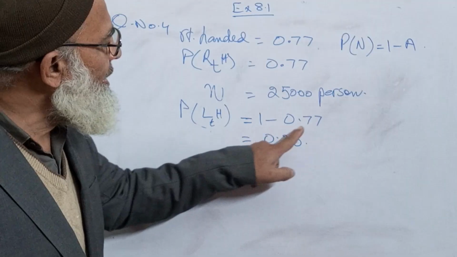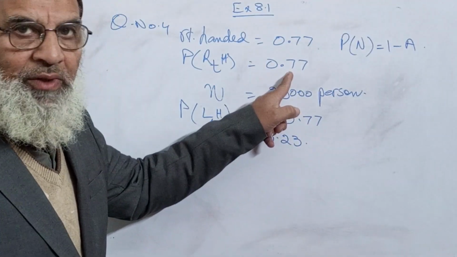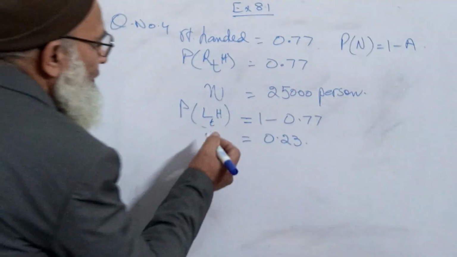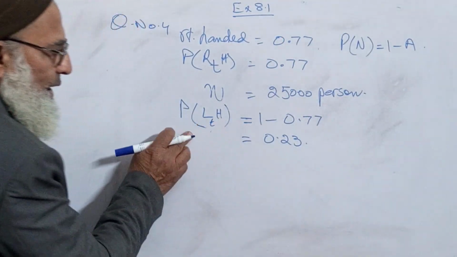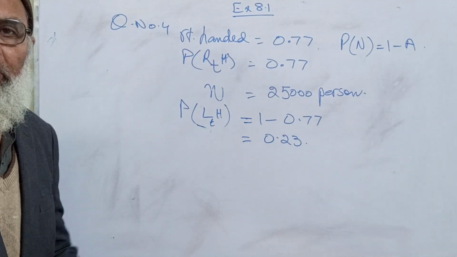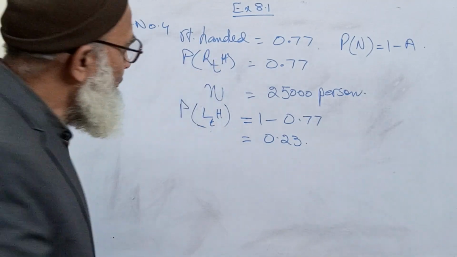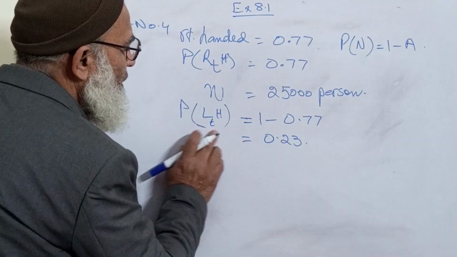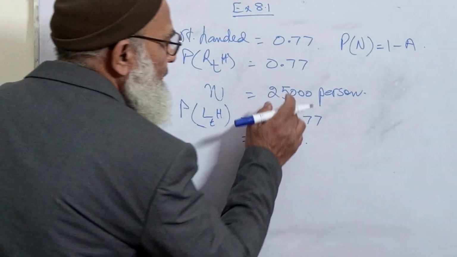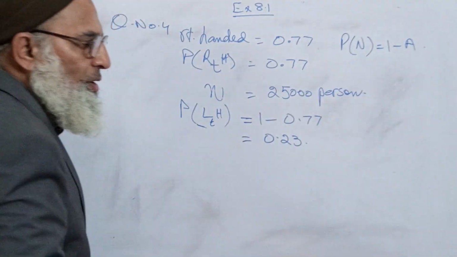So 1 minus 0.77 which is given to you will be equal to 0.23, which is the probability of not the event. So the not in the event is of course the other hand available to the human being, the probability of left-handed. So the probability of left-handed is 0.23 and the population is 25,000 persons.